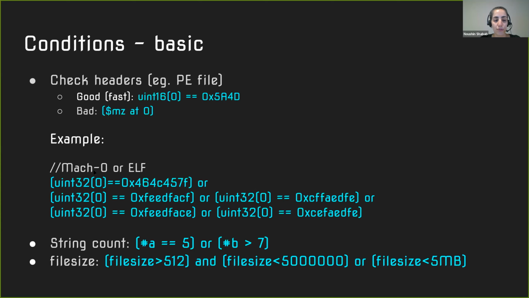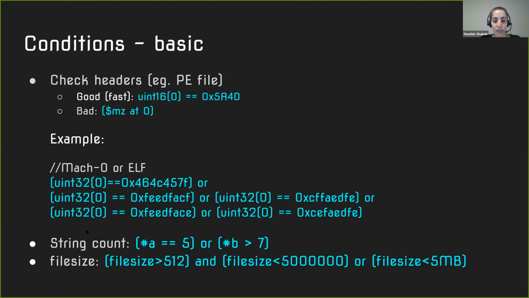You can see for macOS executable files or for ELF files. The first one here with 0x46 4c45 7f is for ELF files, which are executable files for Linux operating system.